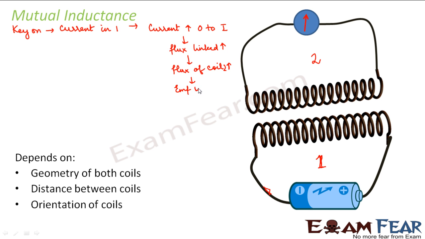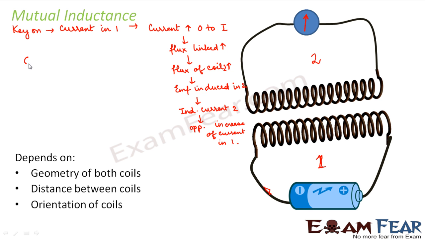As a result, EMF is induced in coil 2. Now when EMF is induced in coil 2, induced current is seen in coil 2. Now this induced current opposes the increase of current in coil 1. This is the entire phenomenon of mutual induction.